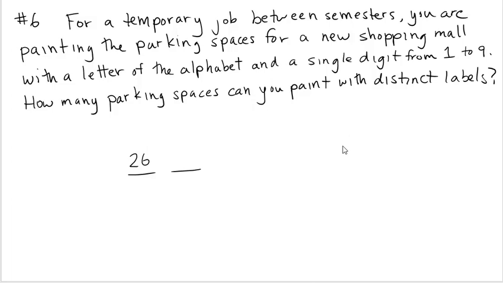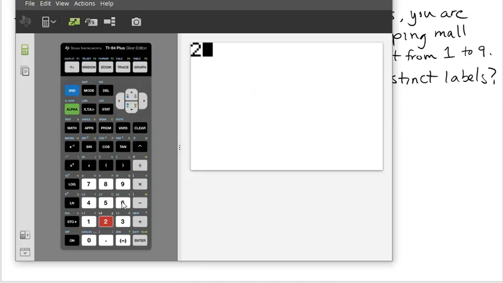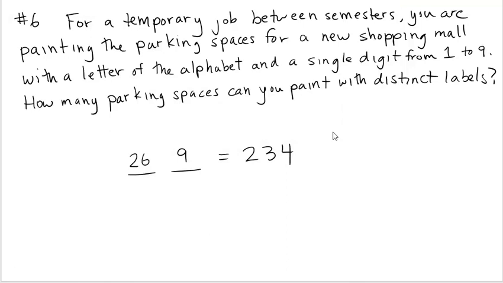And then if you have to choose a single digit from 1 to 9, well, that's 9 choices there. So this is 26 times 9, which I believe is 234, but I'm going to double check that with the calculator here. 26 times 9. Okay, good. So 234 total parking spaces that you could label with this procedure.